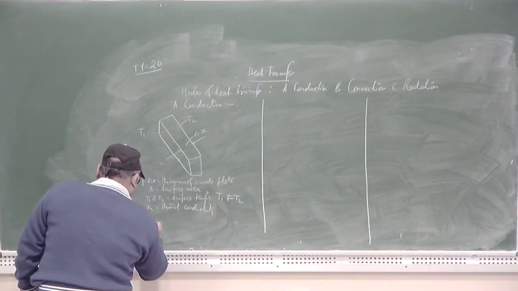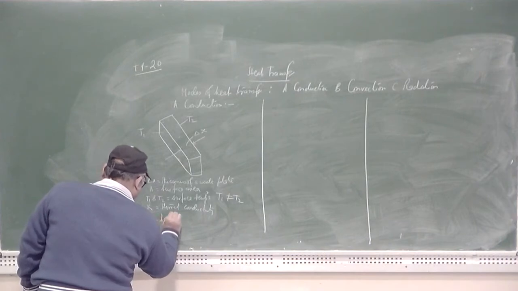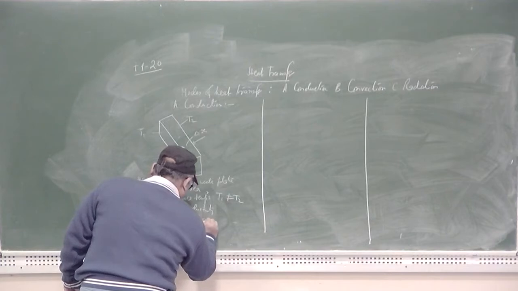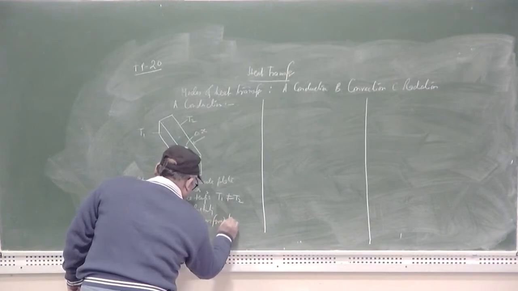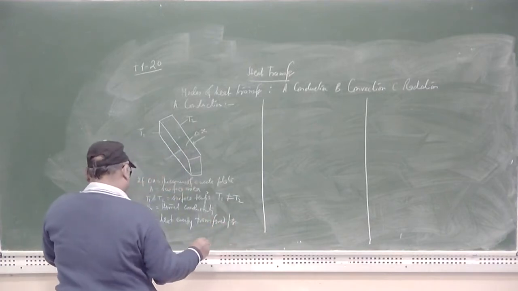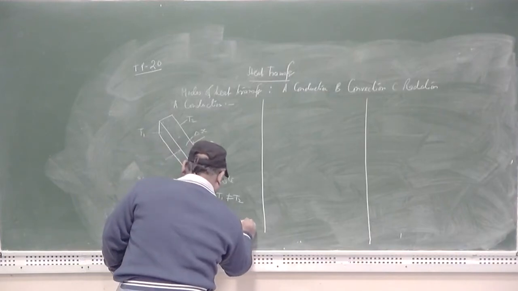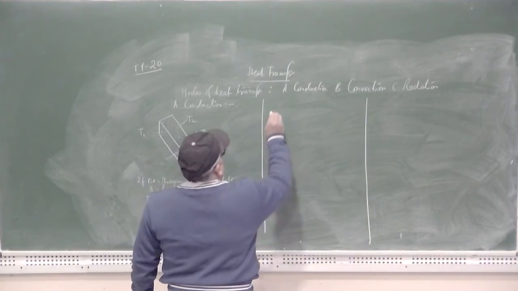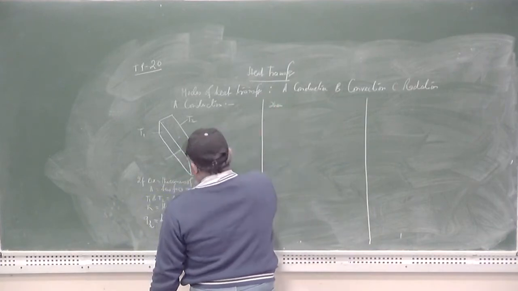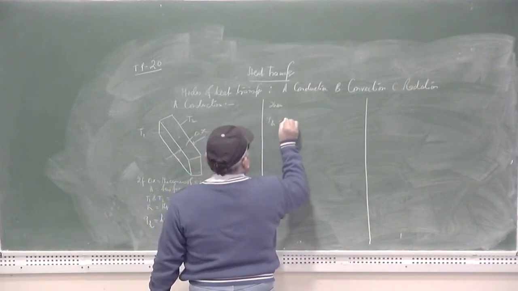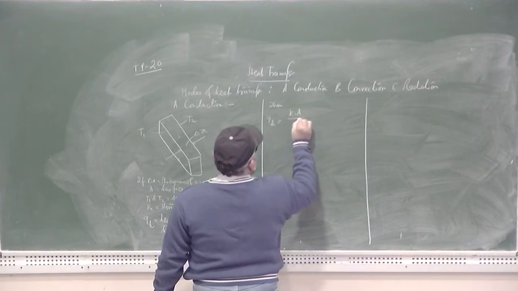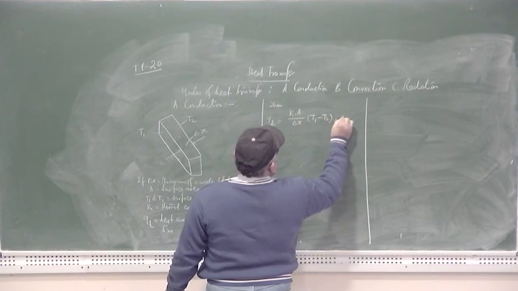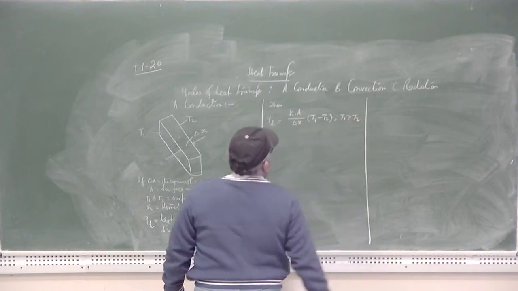Let us suppose QH is the heat energy transferred per unit time, then the expression for QH is K into A divided by delta x into (T1 minus T2), if T1 is greater than T2.